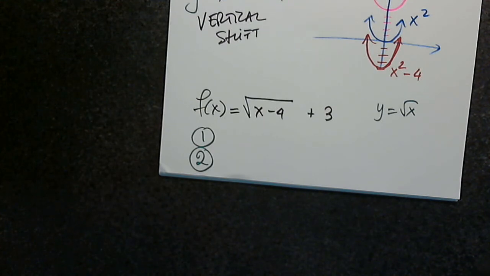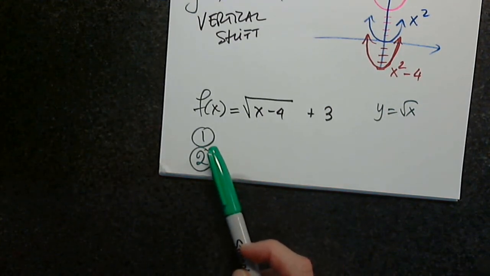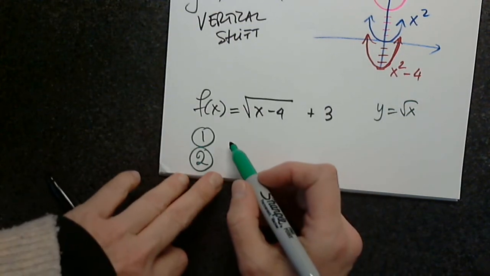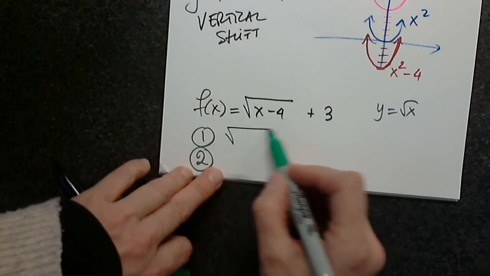When I say order of operations, I mean, if I ask you to evaluate this function when x is 5, which operation will you perform first? 5 minus 4. That's your starting point. Then you apply the square root to that number, and what do you do next at the end? Add 3. So then what is the first transformation on the square root of x in order of operations? Square root of x minus 4.